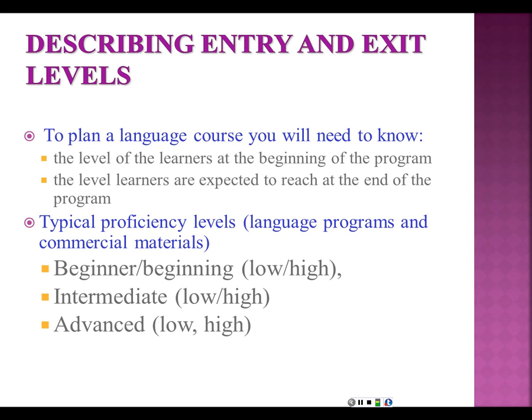Typical proficiency levels in language programs and in commercial materials go from beginner or beginning, and that could be low beginning to high beginning. There is a continuum there, as well as intermediate, again on a continuum from low to high, and advanced, again on this continuum from low to high.